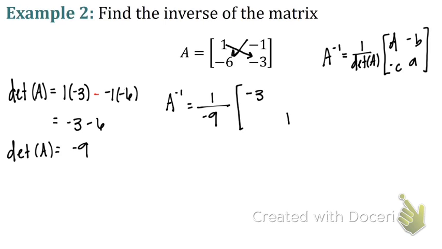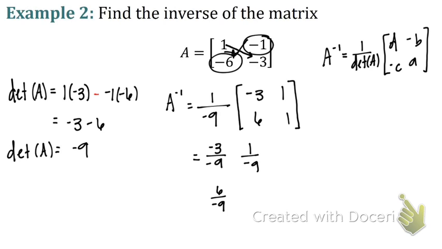And then B and C change signs, so -1 is now a +1 and -6 is now a +6. And we are going to distribute the scalar -1/9. So that's -3 over -9, -1 over -9, 6 over -9, and 1 over -9.